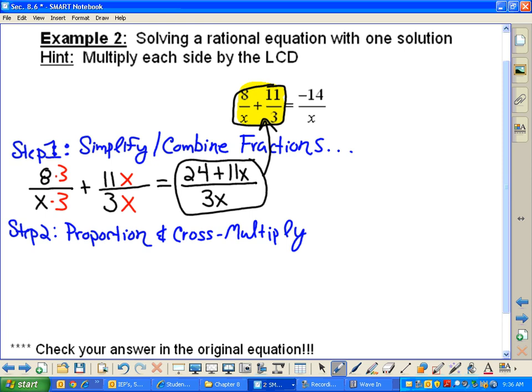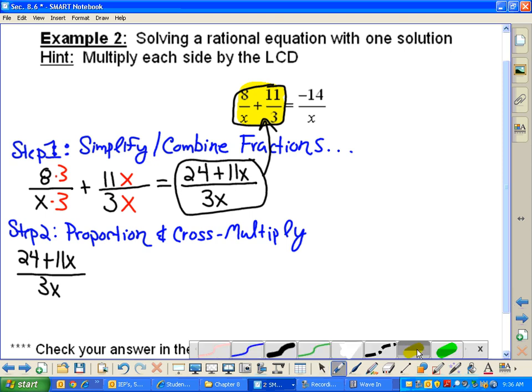So I bring down the 24 plus 11x over 3x from the previous part of the problem, because as we just said, this here and this here are the same. I can use those interchangeably.